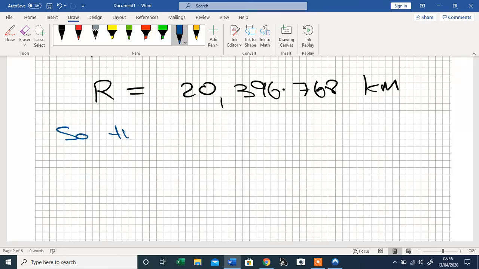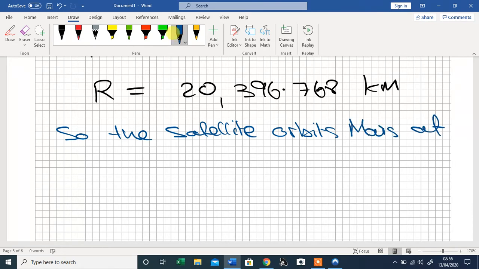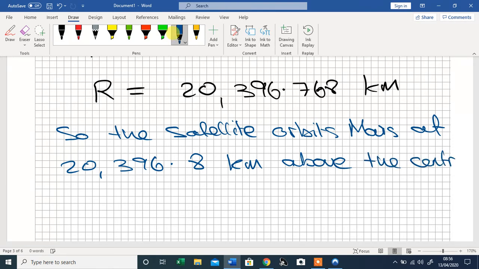So the satellite orbits Mars at 20,396.8 kilometers above the center.